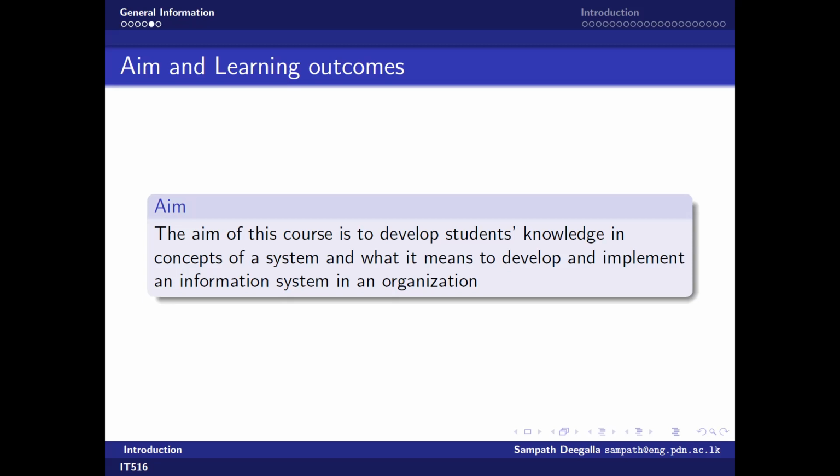If you look at the syllabus of this IT module, most of the time it is developed assuming that you have not followed an IT-related degree. But in case you have, as I told you earlier, you have the necessary background, and sometimes you can revise what you have learned earlier. So that is the main aim of this module.